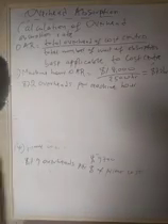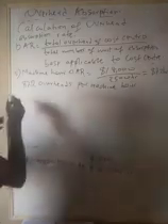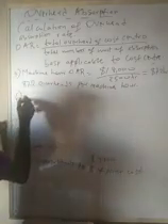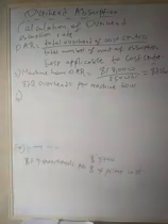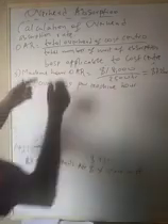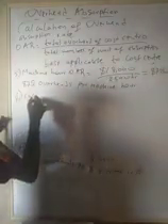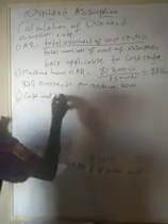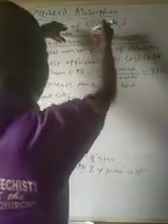Then the total units produced. What is that? The unit overhead absorption rate. What is the overhead cost?